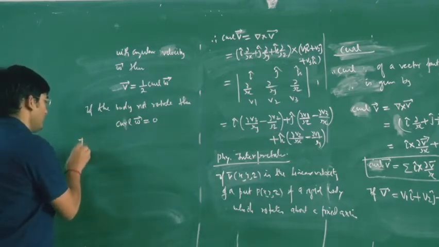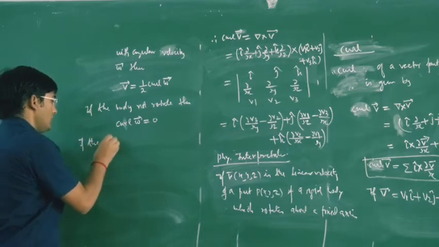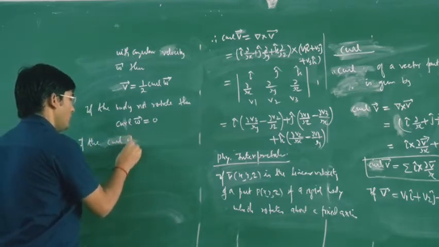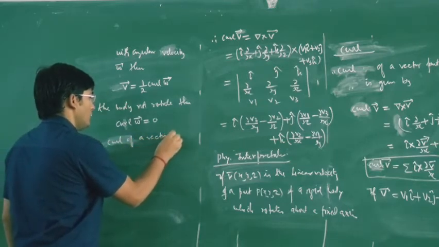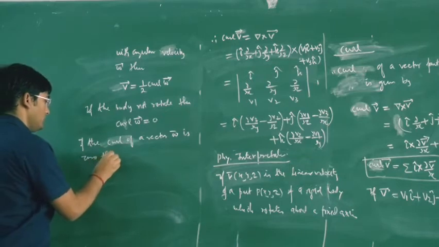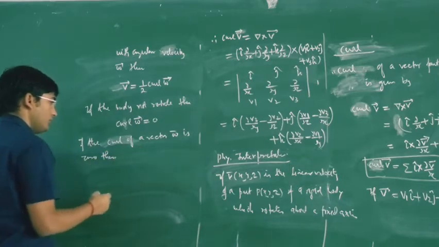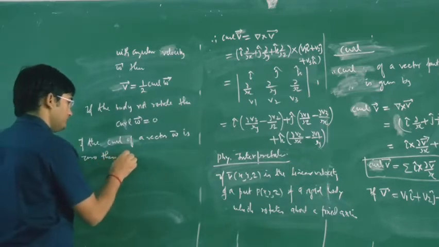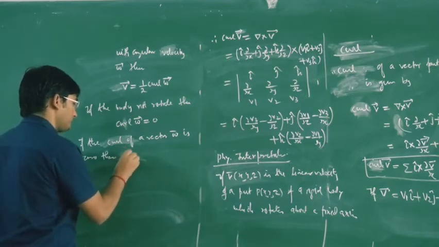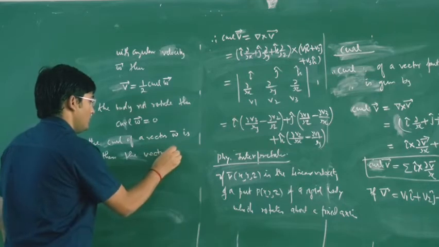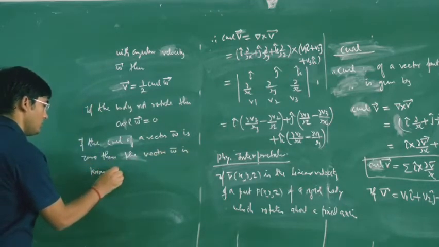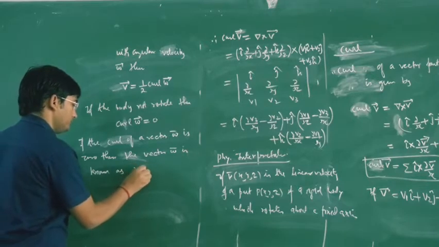So if the curl of vector W is 0, then the vector W is known as irrotational.